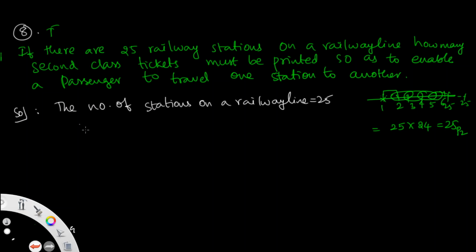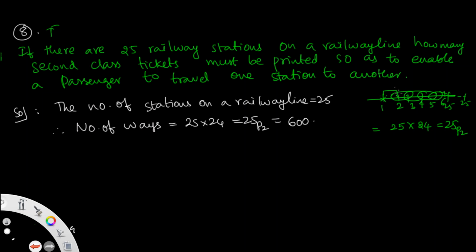Therefore, the number of single second class tickets that must be printed so as to enable a passenger to travel from one station to another is 25 into 24, which we write as 25P2. The value is 600.